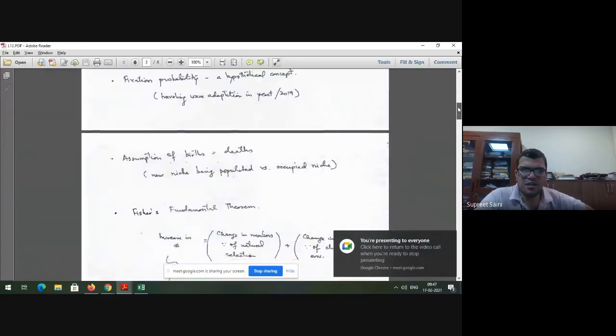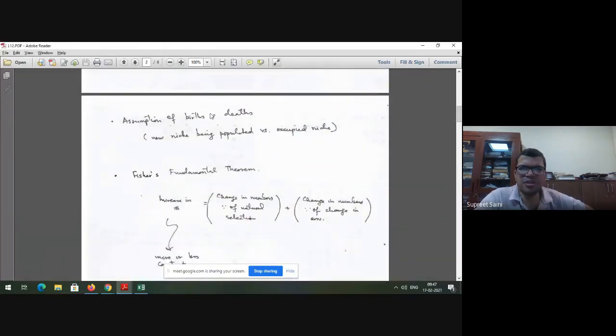Now, the assumption of births equal deaths. This is a little nitpicky, because the way you should think about this is that the interval we have chosen for one time step is so small. It's not as if we fix the interval and note the number of births and deaths taking place in it.